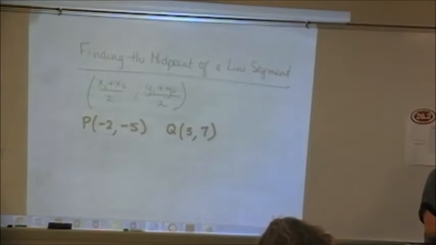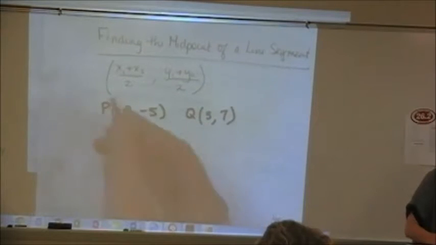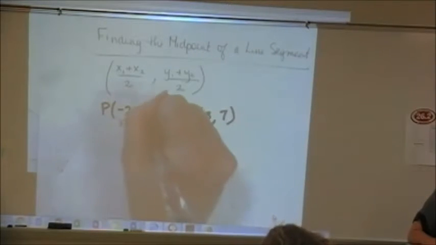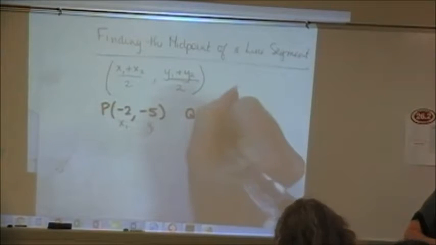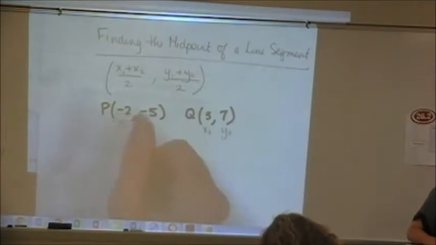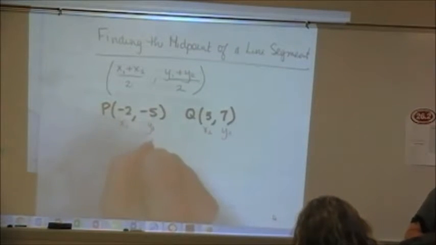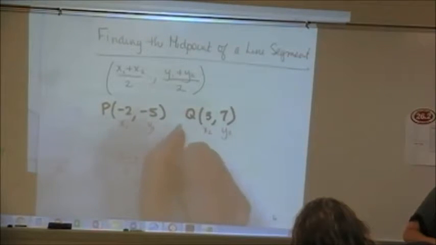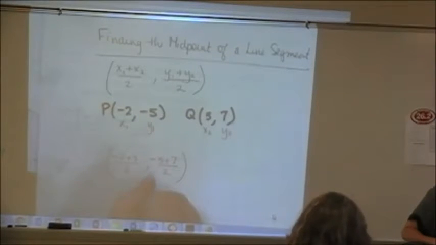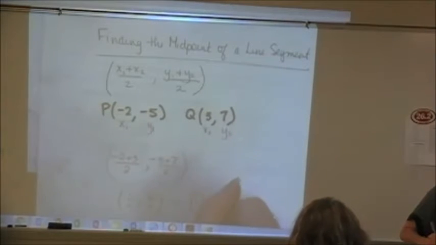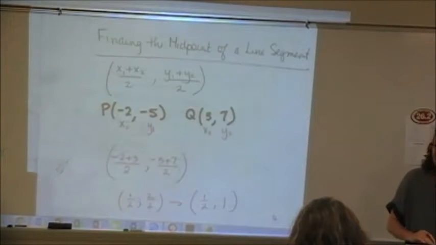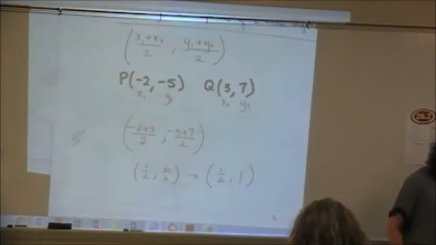Again, all you're doing is plugging numbers into the formula. So if you'll label your numbers, that way it keeps them straight. And then you just plug in. So I got 1/2 and 2.